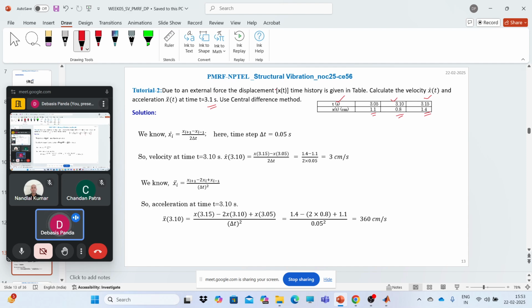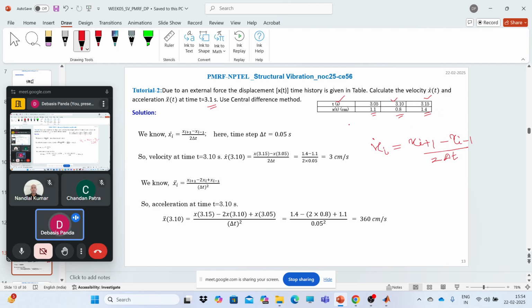It's very straightforward. The velocity as per the central difference method, x i dot, is equal to x i plus 1, that means the next time point, minus x i minus 1, the previous time point, divided by twice of delta t. Here we have all the values. How much is delta t?